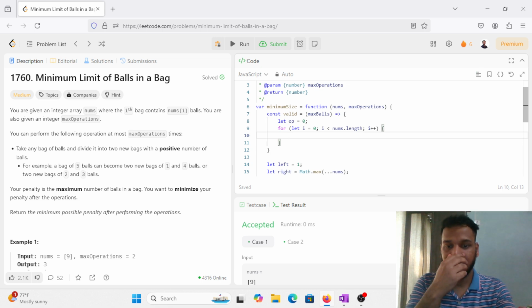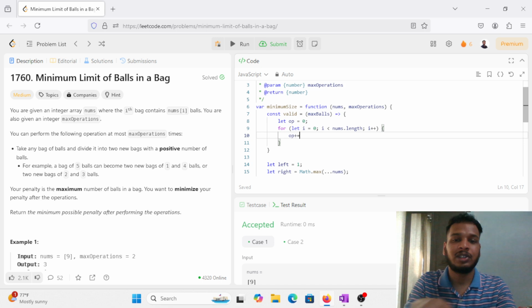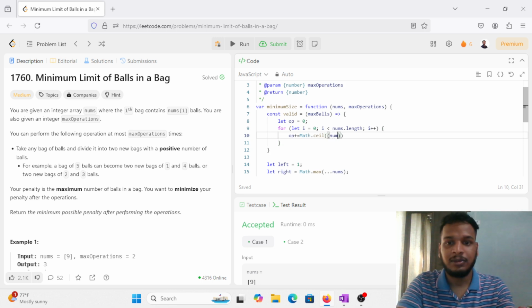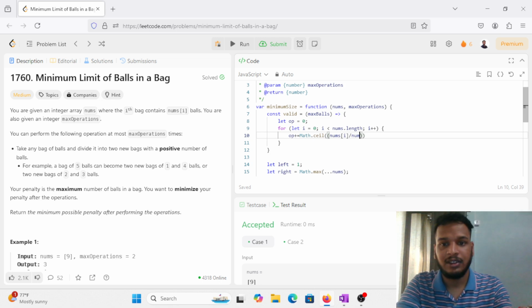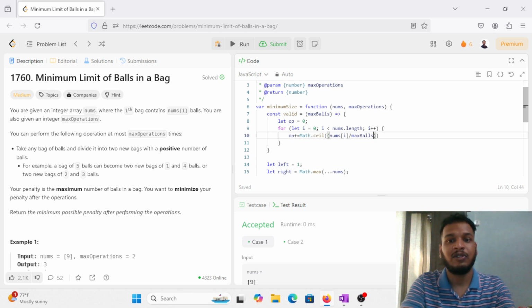The threshold calculation: operations plus equal Math.ceil of nums of i divided by max balls, and I have to do minus 1 as well.